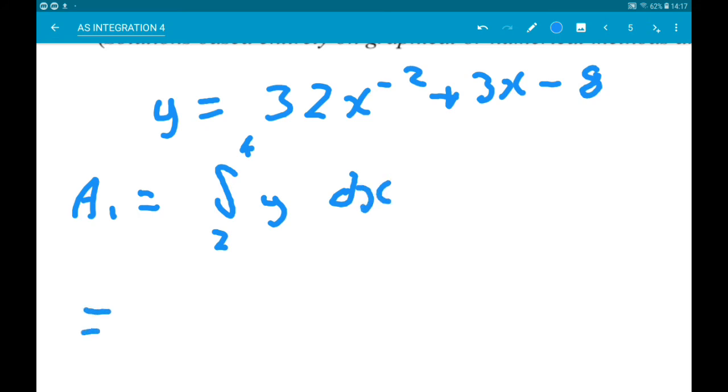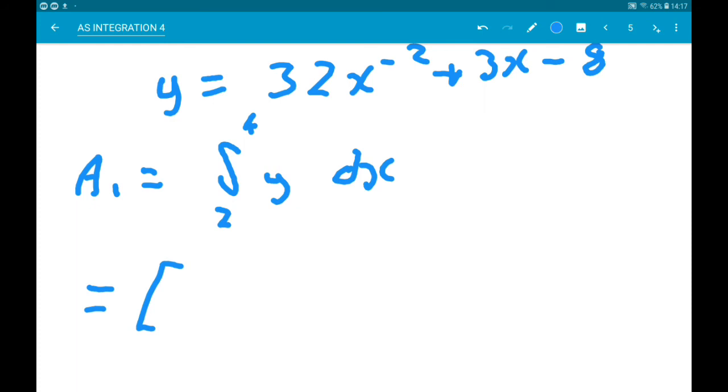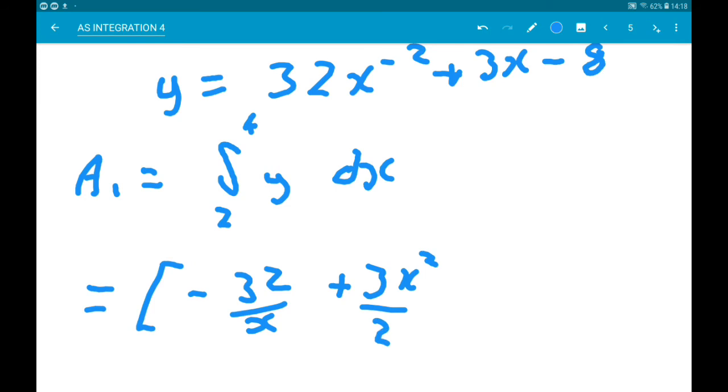So, the integral is going to be, now x to the minus 2 integrates to x to the minus 1, and then we divide by minus 1. So we get minus 32 over x. Three x integrates to 3x squared over 2. And then minus 8 becomes minus 8x.